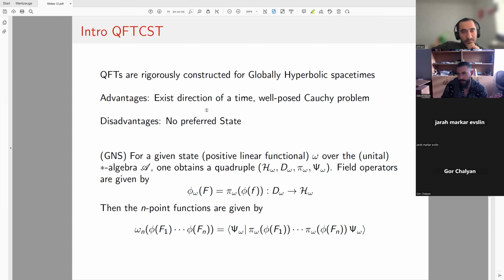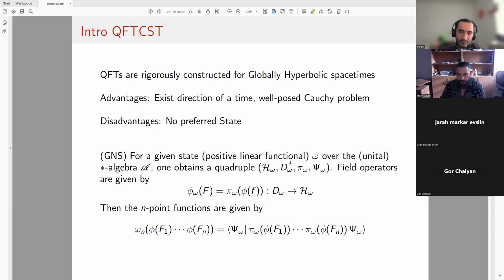Disadvantages: no preferred state. Okay, which was one of the reasons why, as I was trained Minkowskian, I stayed away from this, but actually this is not even that big of an issue in the end of the day, because for a given state, you can do your GNS construction.